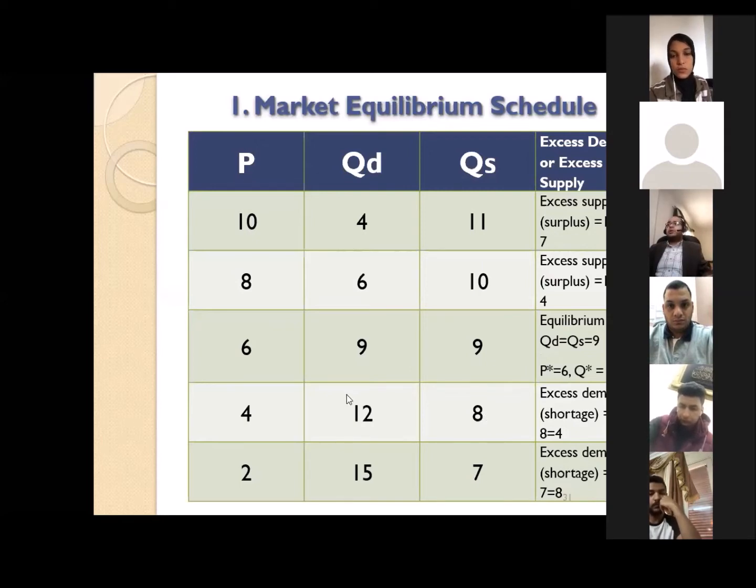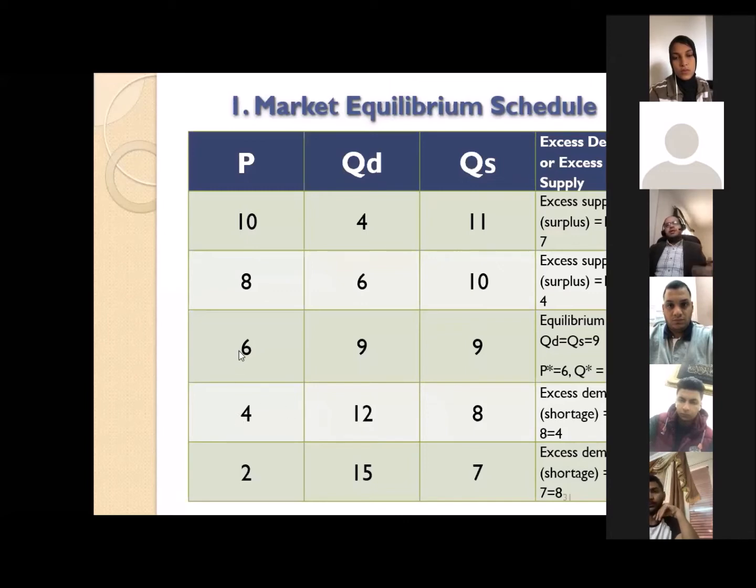And because the price has become more expensive, consumers reduce the quantity demanded from 15 to 12. So again, what the consumer needs is 12, and what the seller produces or sells is just 8. So we have a shortage on the market of 4. So again, this is not a stable situation.